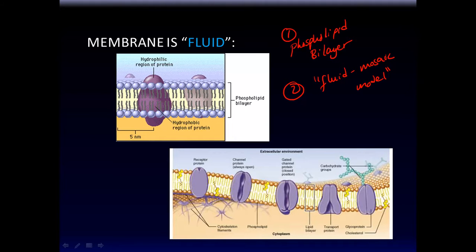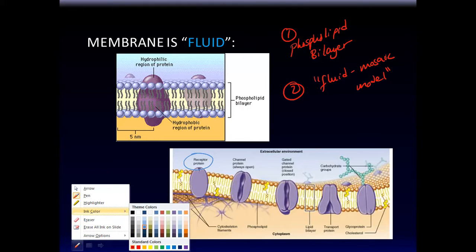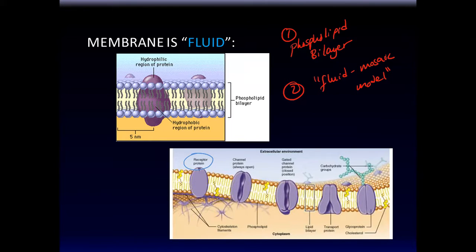So here's the plasma membrane depiction, and here is the protein that goes across, that's studded in there. There are many different things that are studded across the plasma membrane. There are receptors over here depicted, and channel proteins, which we'll talk about. They're gated channel proteins.